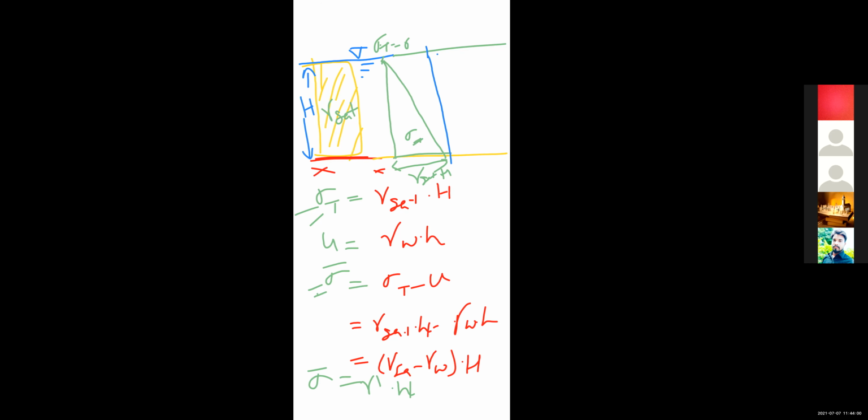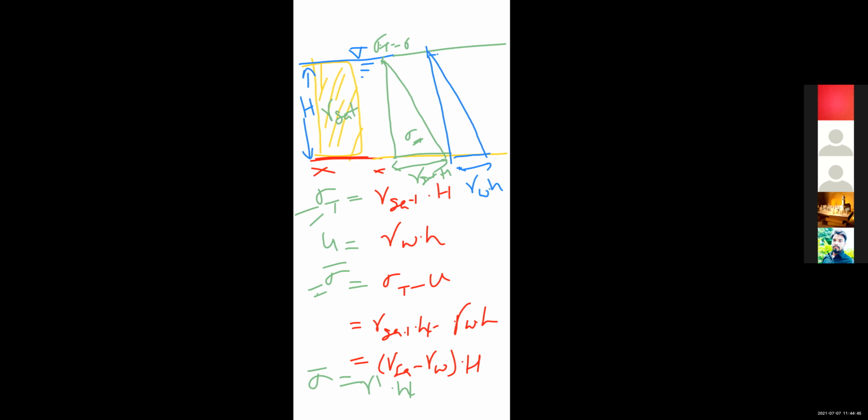As H increases in the downward direction, pore water pressure also increases. Similarly, we can draw the effective stress pressure diagram.